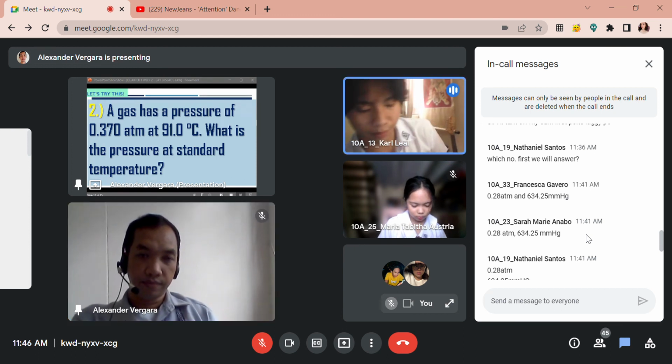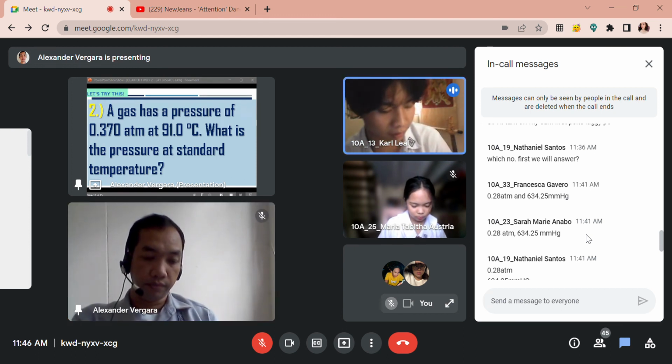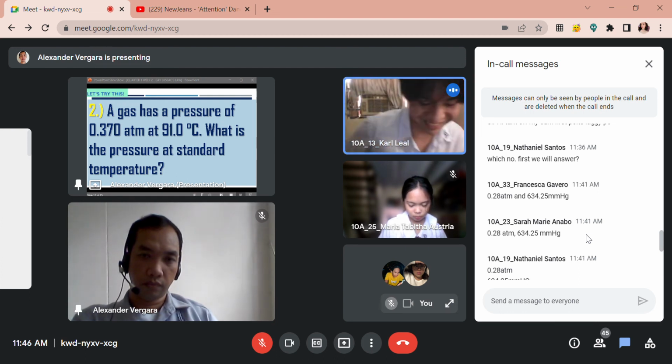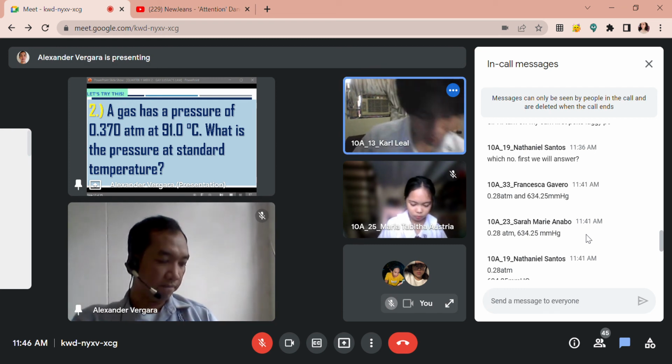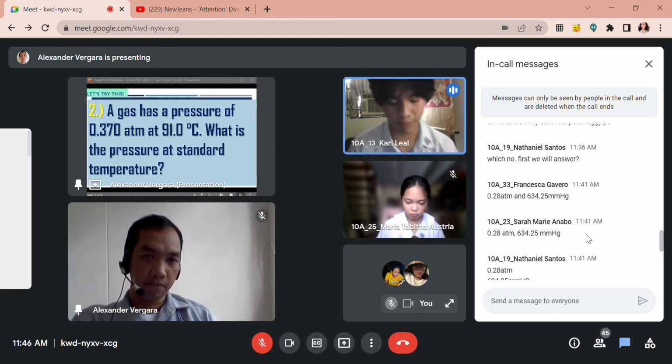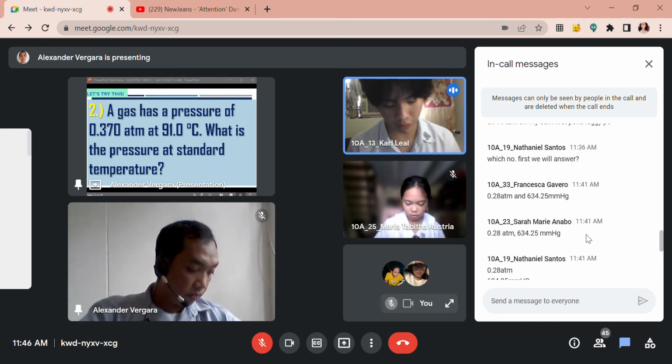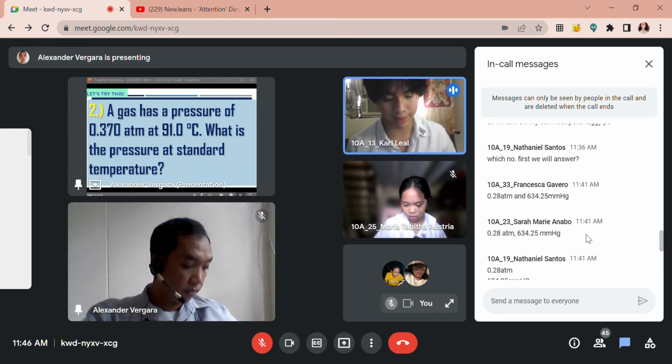So I'll go ahead with the missing one, which is P2. For my formula, of course, wait lang po. So, P1 is equal to 0.370 atmospheres, and T1 is equal to 91.0 degrees Celsius.